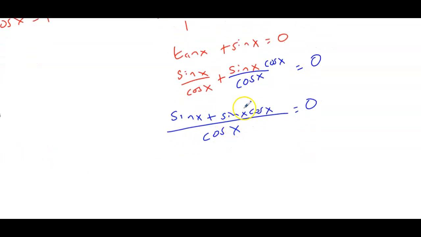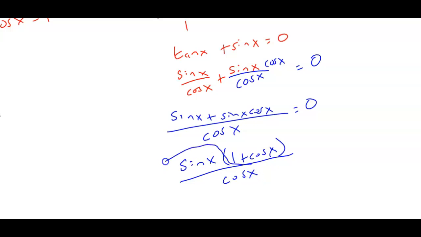Now at the top, I think we can factor this. If I factor out sine x, times 1 plus cosine, all over cosine, that gives me tangent x and 1 plus cosine x equals 0.